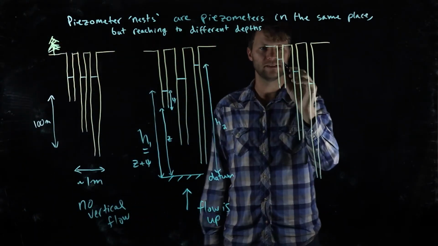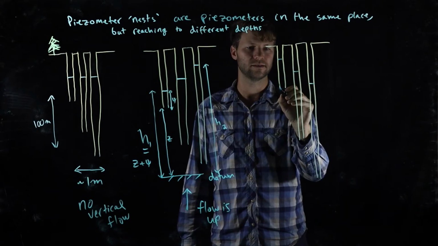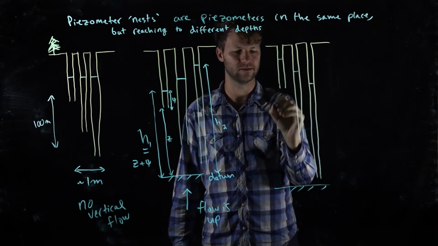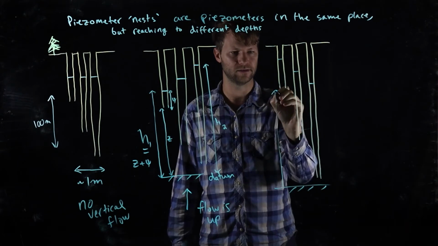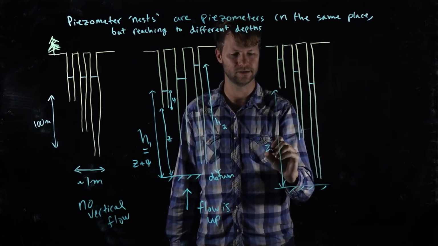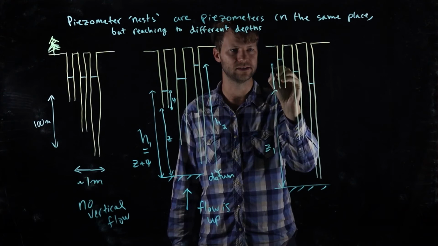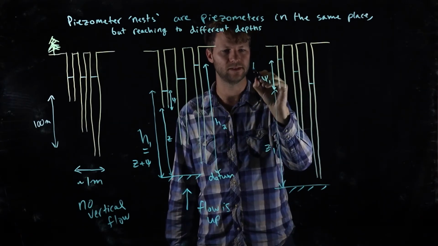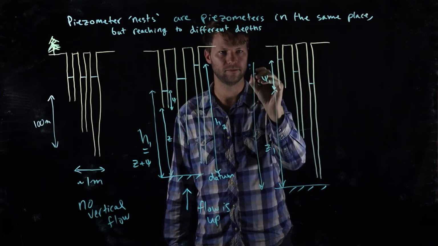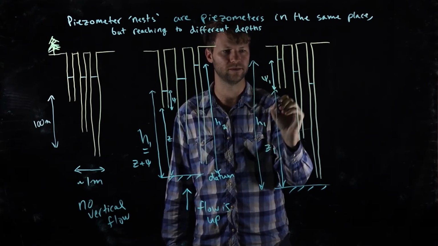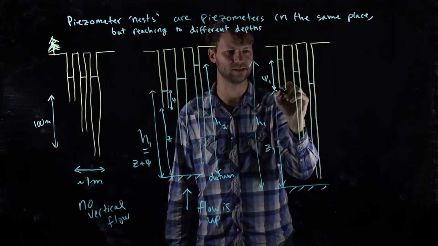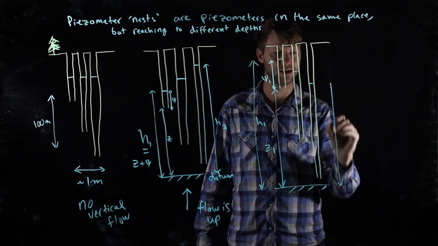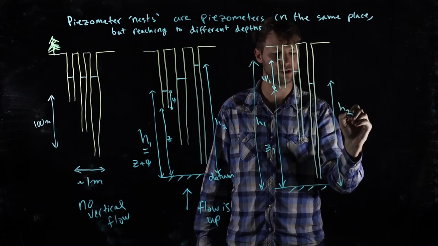Finally, in our last example here, just to draw it out, we've got our datum down here. This is the elevation head, Z1. This is the pressure head, psi1. This is the total head, H1, at this measurement point where the piezometer is open. Here again, we have the total head, H2.